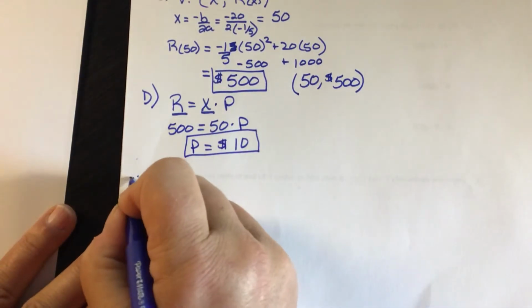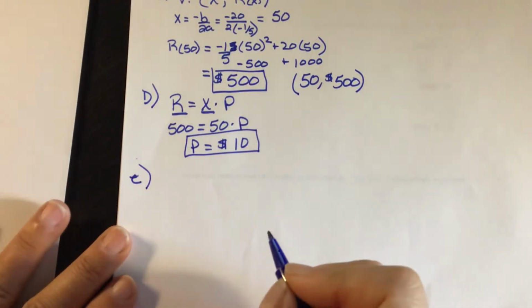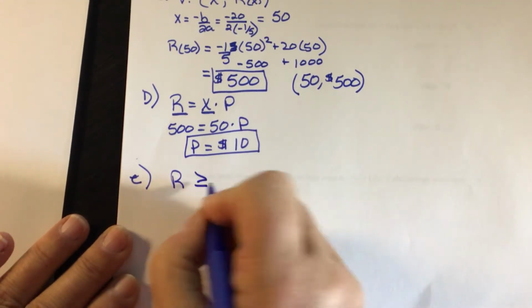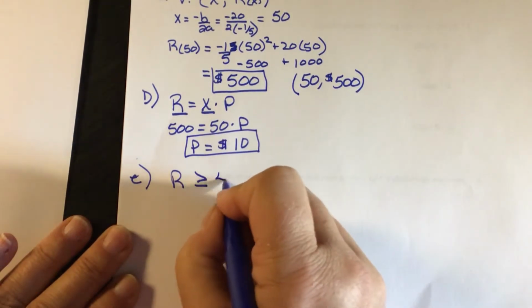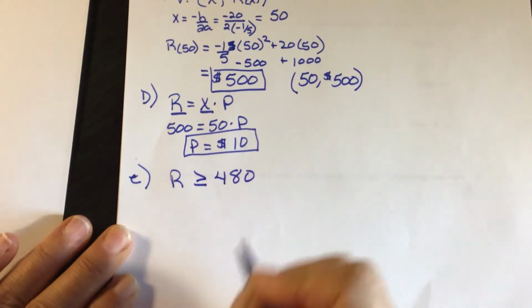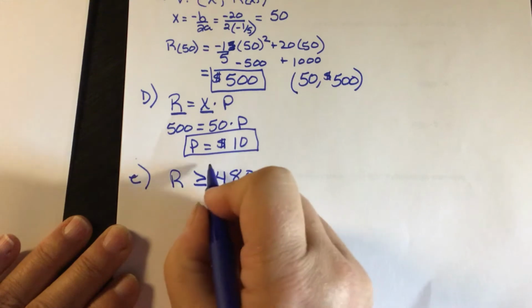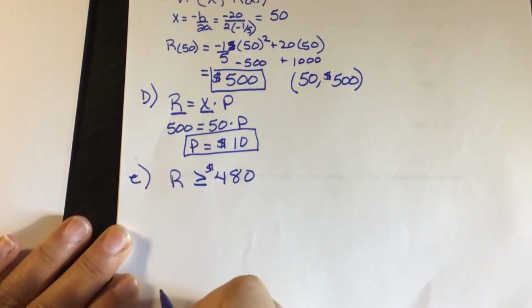And in Part E, we want the revenue to be greater than or equal to 480. So what is the price that gives us the revenue greater than 480?